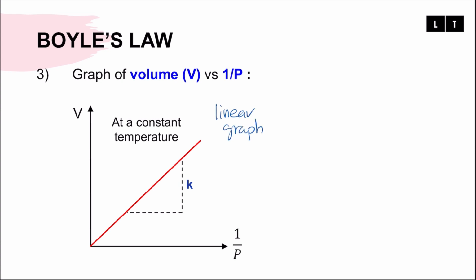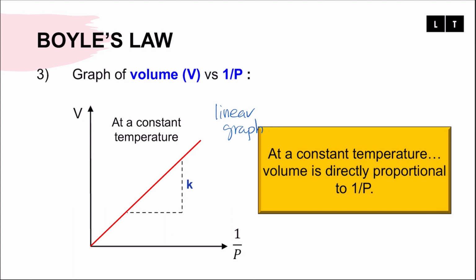Dan what you can describe from this graph, at constant temperature, volume is directly proportional to 1 over P.